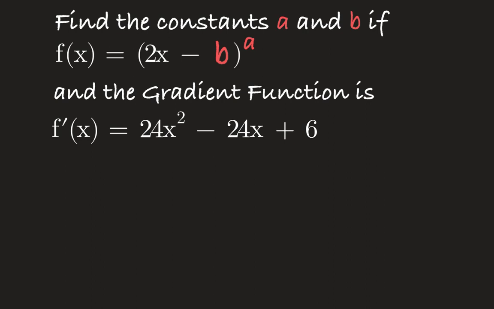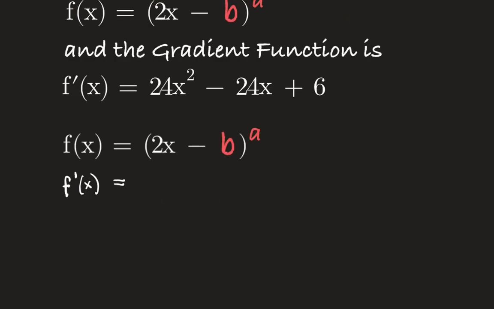So let's take that function and now let's differentiate it with the a's and the b's. Notice that we're using the chain rule because this is a composite function. This is the function within the function.